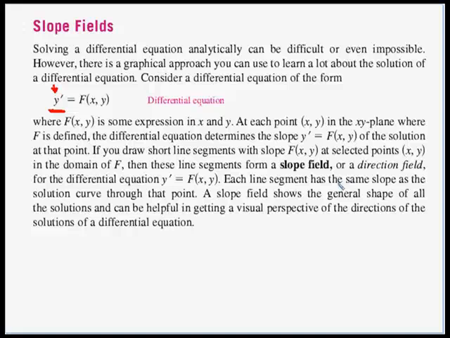Each line segment has the same slope as the solution curve that would pass through that point. A slope field shows the general shape of all the solutions and can be helpful in getting a visual perspective of the directions of the solutions of a given differential equation.